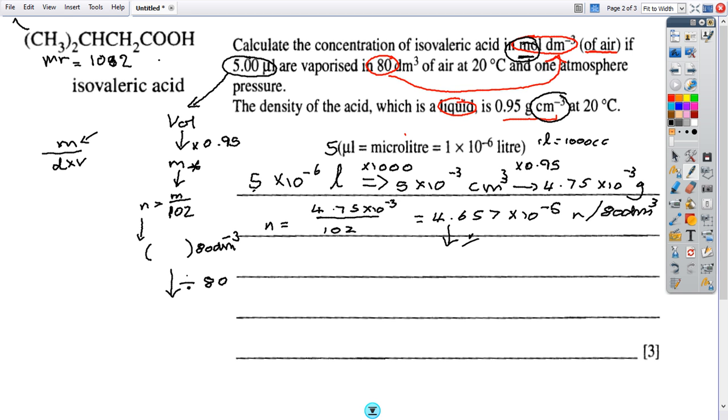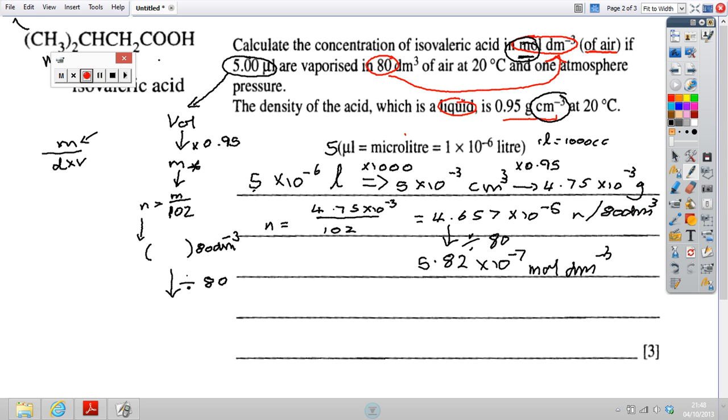Well, if that's moles per 80, fairly obviously we simply divide that by 80, and that tells me that I have 5.82 to 3 significant figures times 10 to the minus 7, and the final units are indeed moles per 1 decimeter cubed. So hopefully that is of some use to you to explain that.